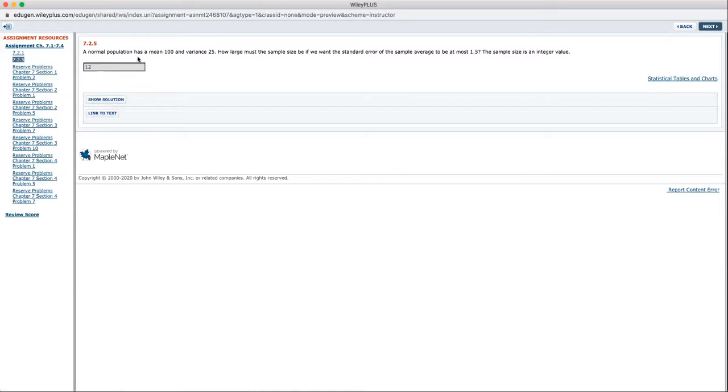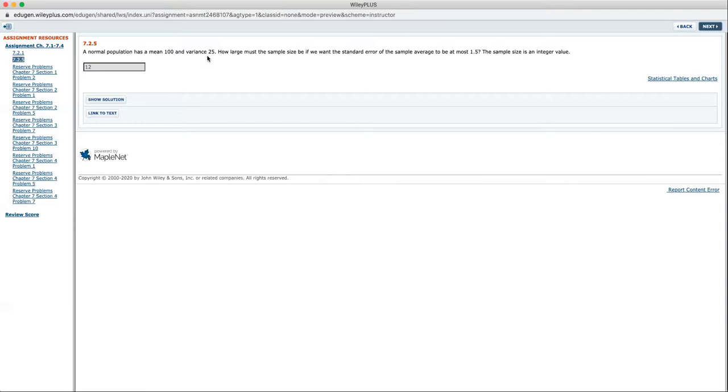A normal population has a mean 100 and variance 25. So it means that the population is normally distributed with a mean mu of 100 and sigma square, the variance, of 25. How large must the sample size be if we want the standard error of the sample average to be at most 1.5?